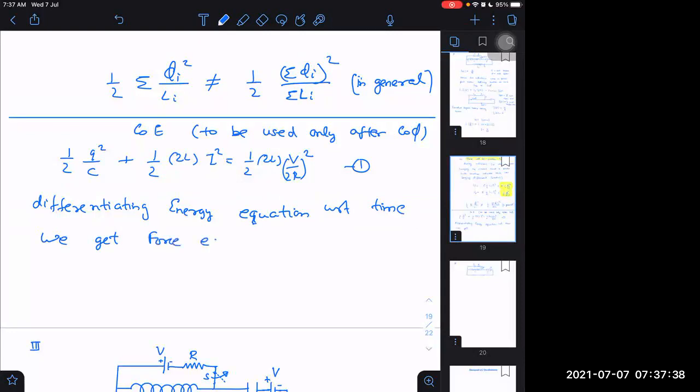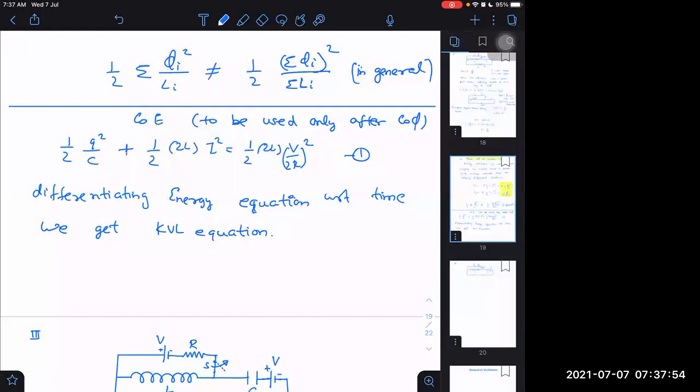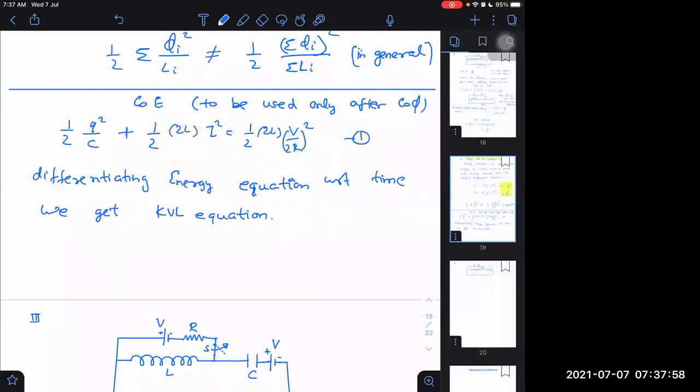Sorry, here it is KVL. Using KVL is equivalent to force only. If we differentiate it, automatically we get the KVL equation. Either I write the KVL equation from the diagram, or I just differentiate. Let us differentiate and get the answer.